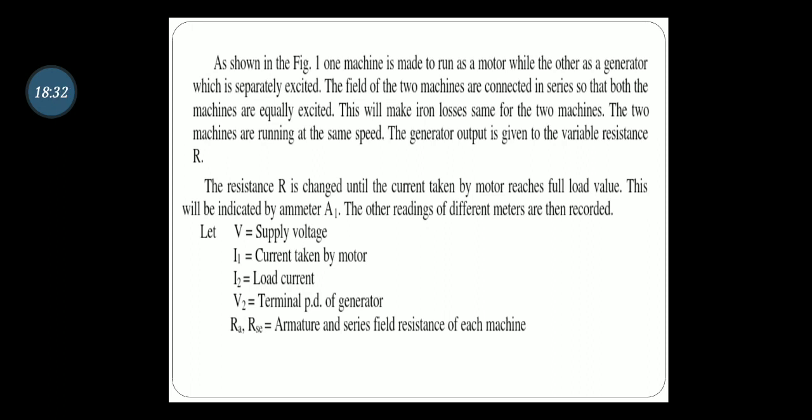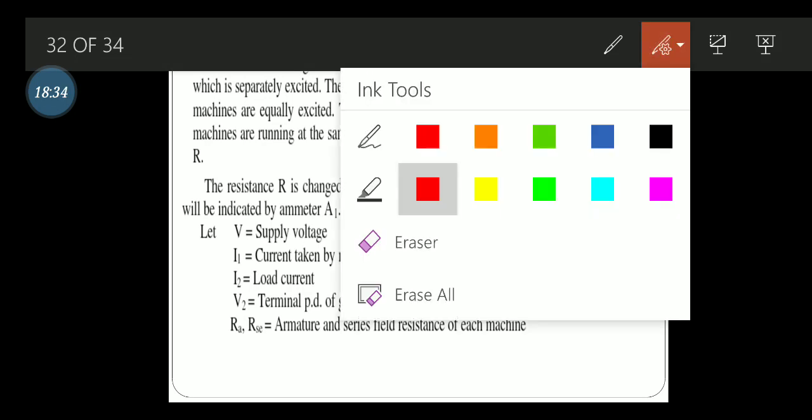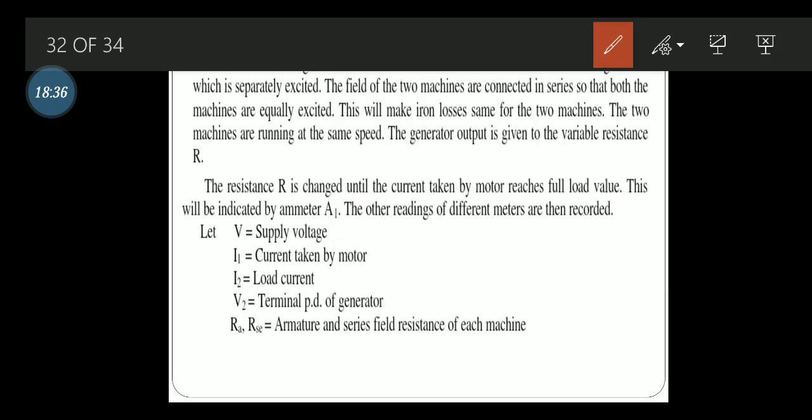The resistance R is changed until the current taken by the motor reaches the full load value. This will be indicated by the ammeter A1.